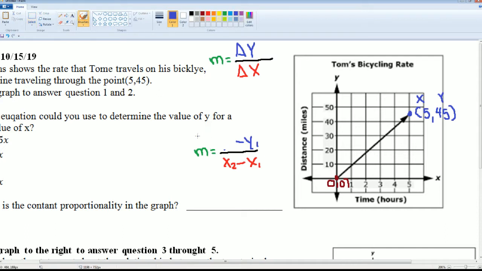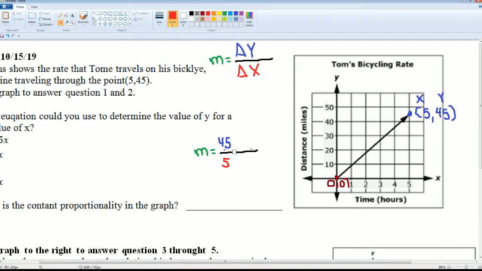You write 45, and the first value was 0, so that just becomes 0 and goes away. What is x2? That looks like it is 5. So let's put the value 5 right here, and then we minus x1, which is 0.